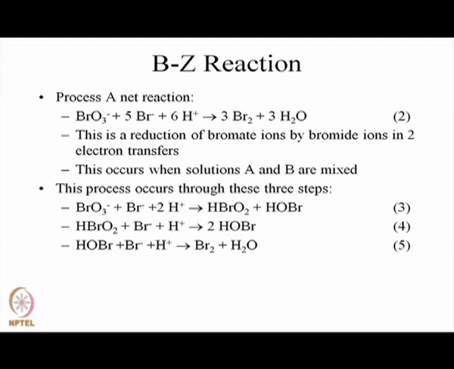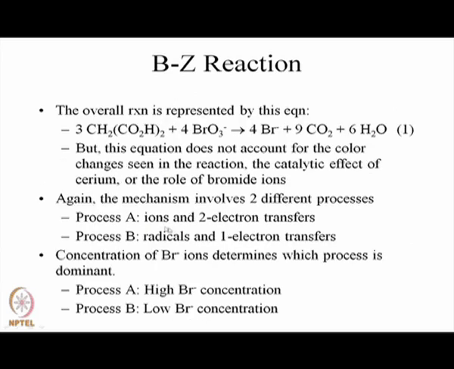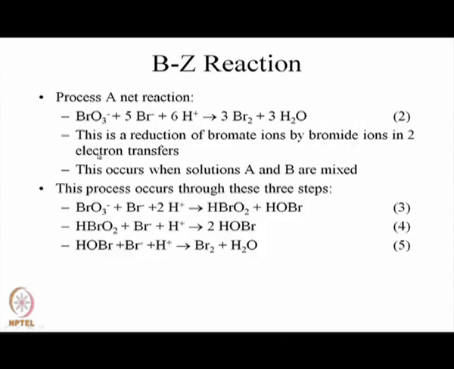Now, process A, net reaction: BrO3 minus plus, process A means ions. Okay. So, BrO3 minus plus 5 Br minus plus 6 H plus, in presence of acid giving rise to Br2. So, this is a reduction of bromate ions by bromide ions in 2 electron transfer process.